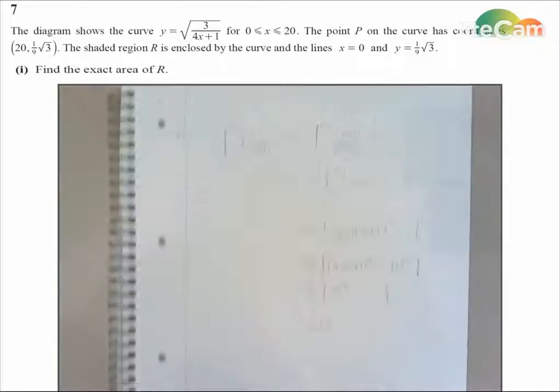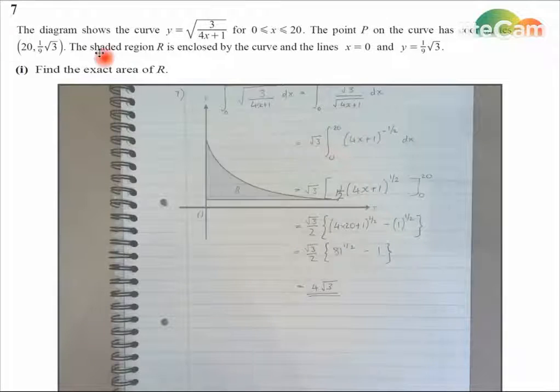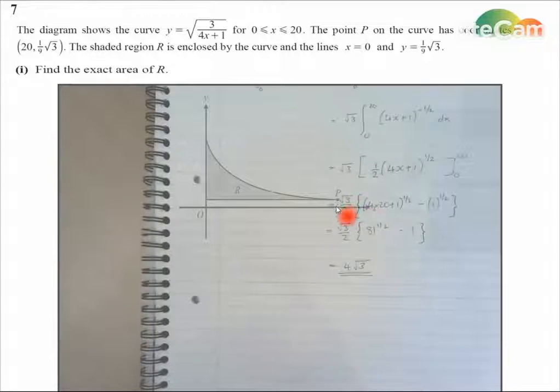Remember that is not our final answer, because if we go back to the curve, we've got to take away this bit that's underneath, this rectangle underneath the curve here. So let's think about the dimensions of this rectangle. We know the point P is 20 and 1/9 root 3, and we've got the equation of the line y equals 1/9 root 3.